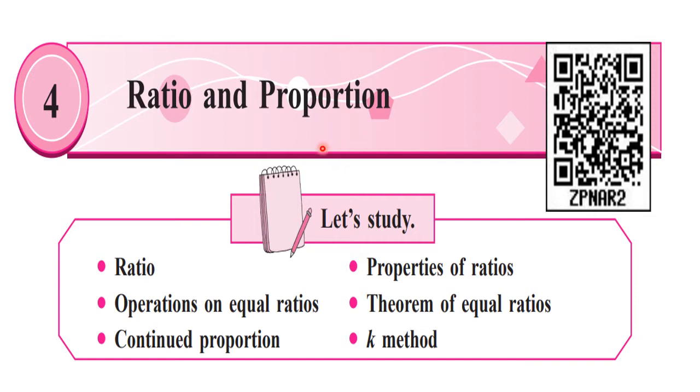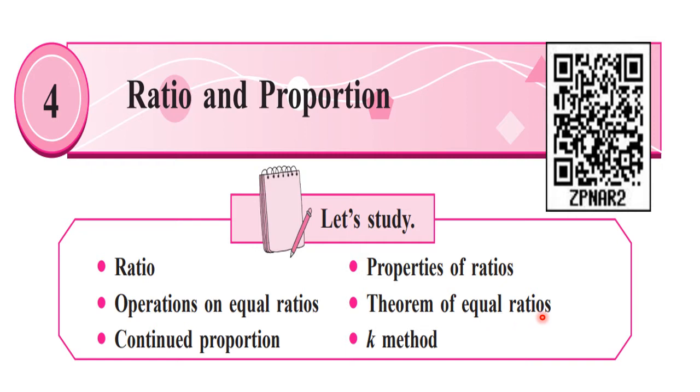Now in this lesson we are going to learn what a ratio is again. So we will revise the concept of ratio, then we will see properties of ratios and the sums depending upon that. Afterwards we will see various operations on equal ratios and the problems based on that.